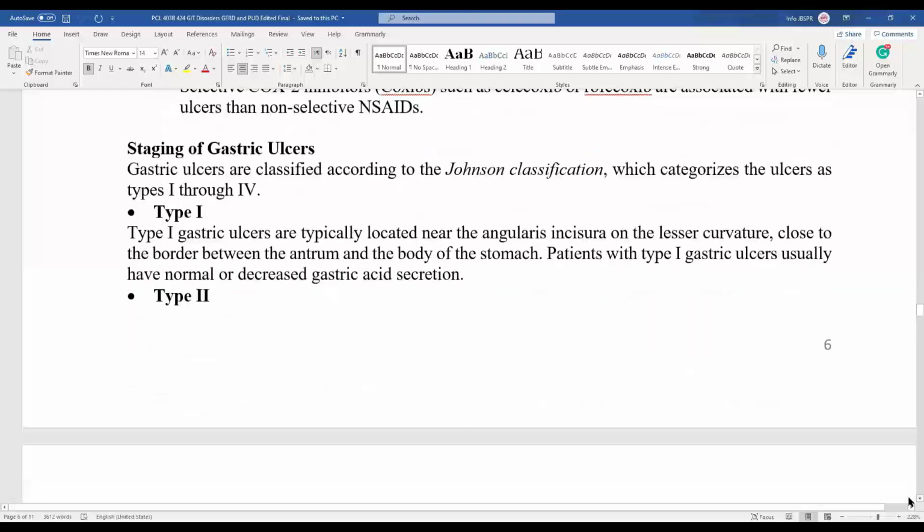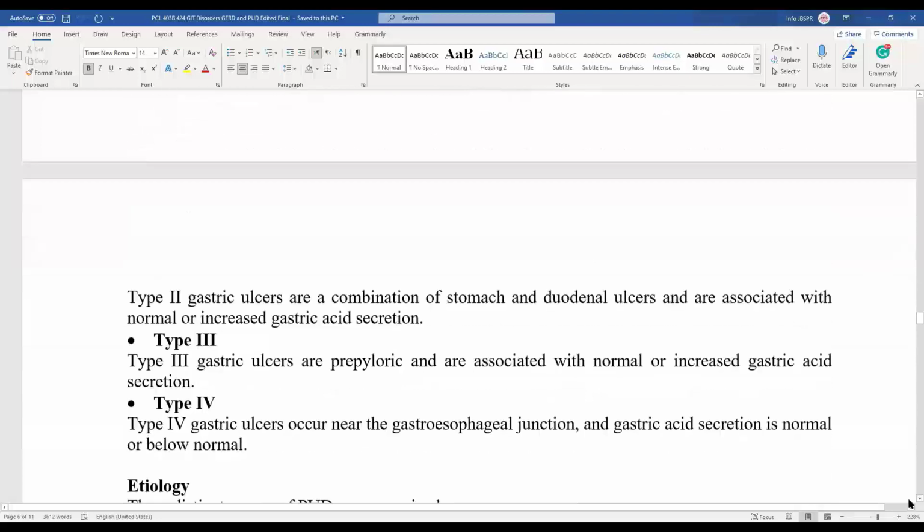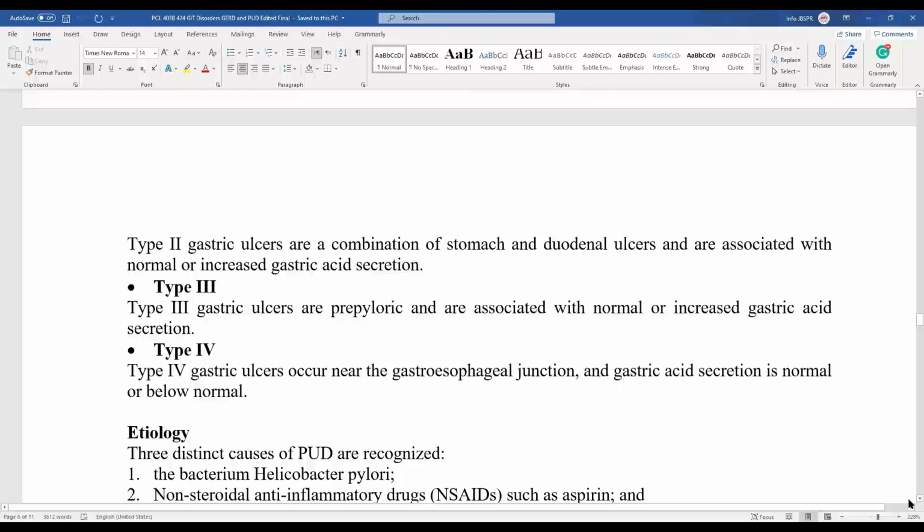And when we're looking at gastric ulcers, it's classified into 4. Type 1 is located near the border between the antrum and body of the stomach, and usually the patient with type 1 gastric ulcer will have normal or decreased gastric secretion. While for type 2, gastric ulcer is a combination of stomach and duodenal ulcer. They are associated with normal or increased gastric secretion.